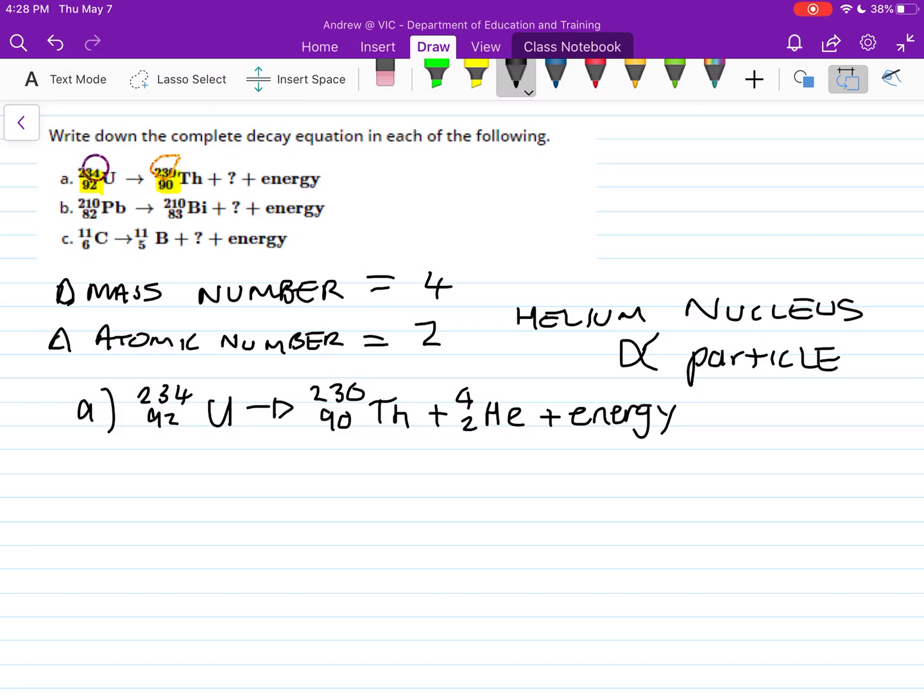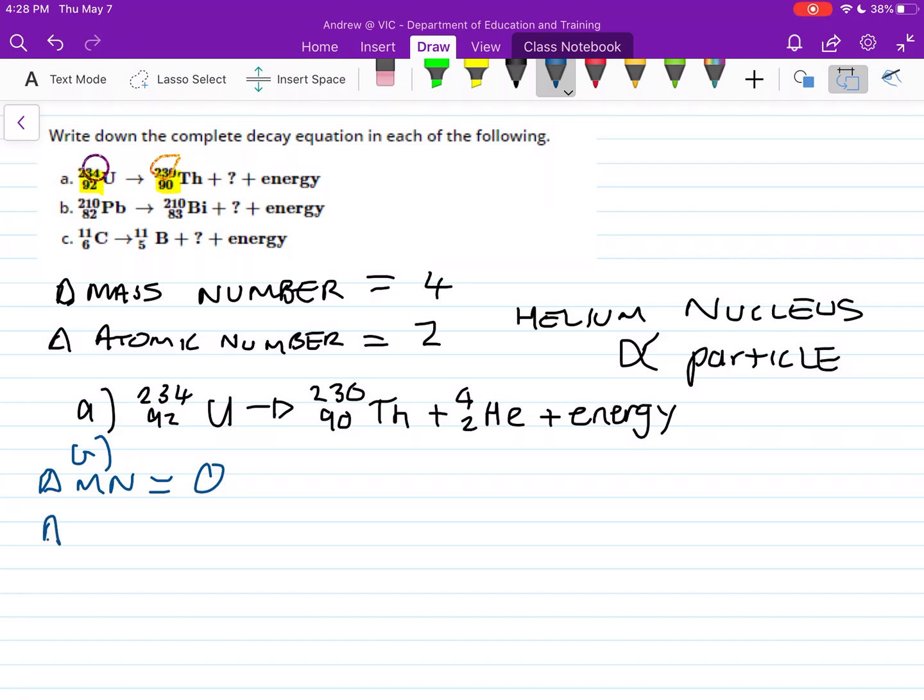Secondly, we just do the same. I'm just going to shorthand this so you can see. For B, the change in mass number: 210 to 210, there isn't any, so that's 0.